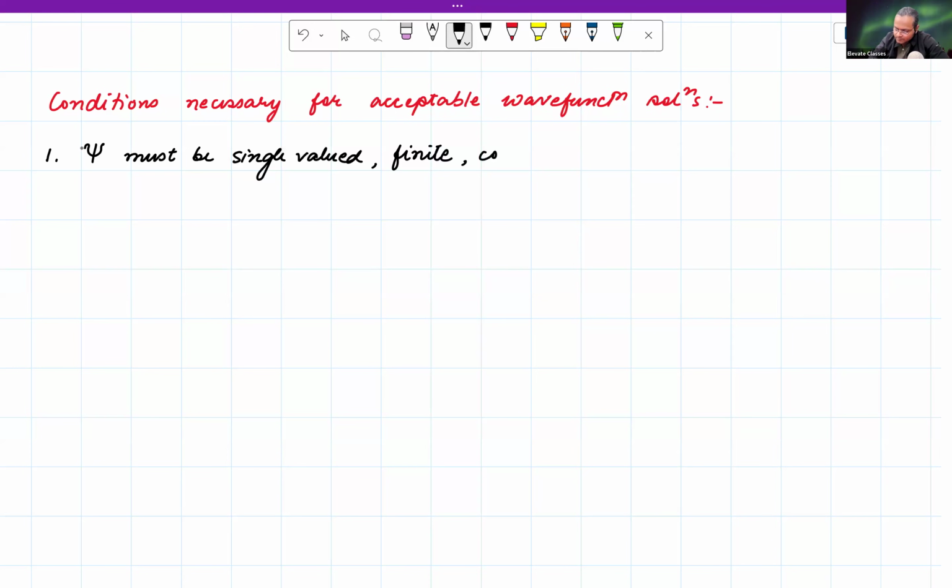It must be continuous so that the derivatives are not infinite. The derivatives correspond to momentum and the derivatives of the derivatives correspond to the particular term in the Schrodinger equation. So therefore, the continuity is important with first order derivatives.